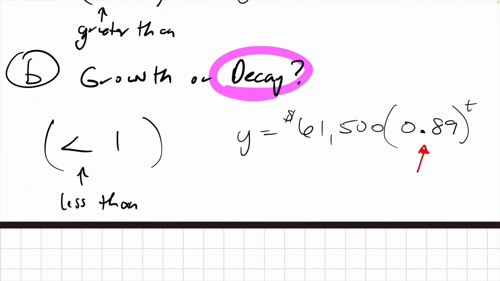How much less than 1? What percent decay would it be? So it's 0.89 right now. Didn't it start as 1? So how much did they subtract to get to 0.89? How much did they subtract?